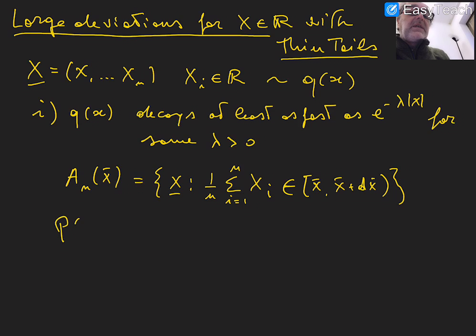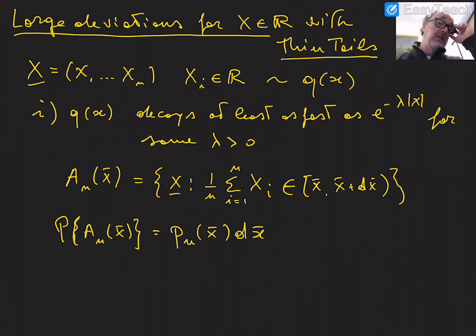So the probability of this event will be proportional to Pn of x times dx, because it will be proportional to dx.